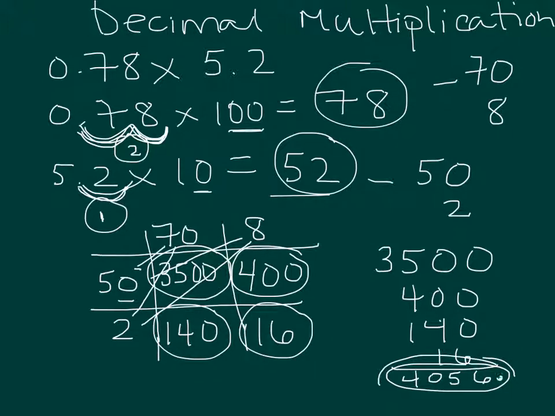The decimal is here because there's always an invisible decimal after every whole number. So if we move the decimal place over 3 times, 1, 2, 3, our answer is 4 and 556 thousandths. And that's your answer.